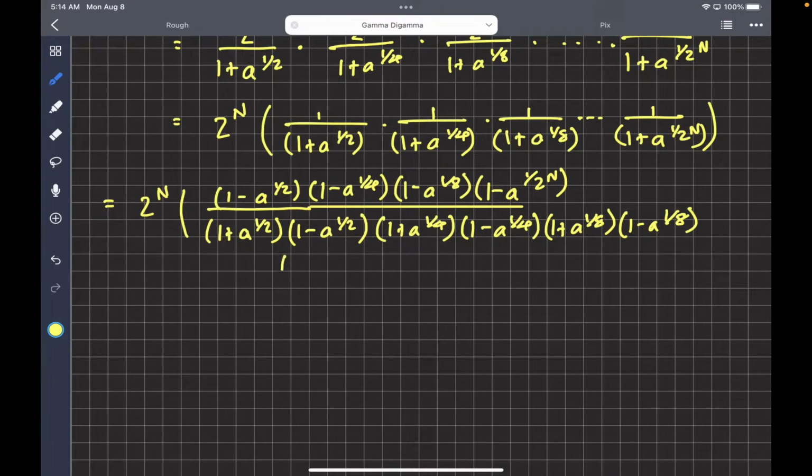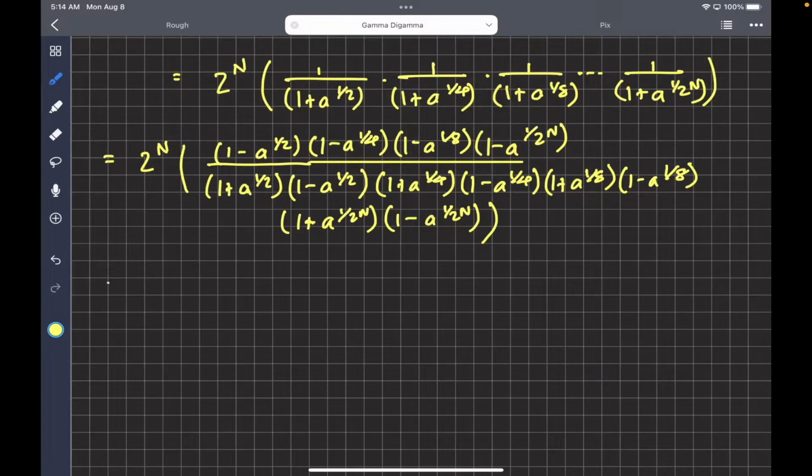And maybe I can write this down here because there's less space to work with. 1 plus a to the 1 over 2 to the n, 1 minus a to the 1 over 2 to the n. I apologize if the powers are a little illegible. This is all the space I have. Now, how is that helpful?